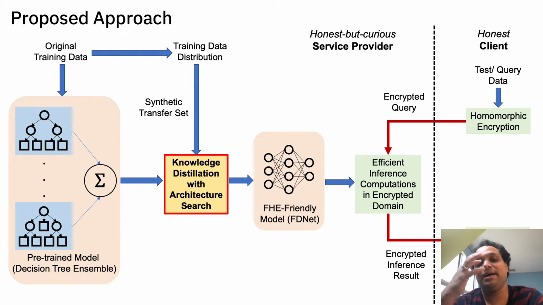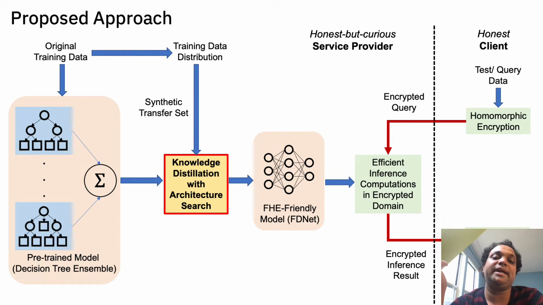Now, once this is done, you have a client who has test data or query data and wishes to perform a homomorphic inference. The client would encrypt their query data and send it along to the cloud environment where this FHE-friendly model is deployed.